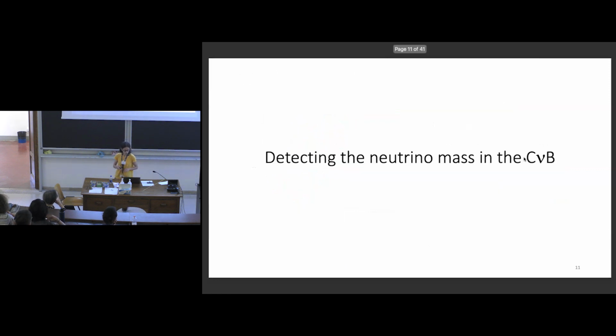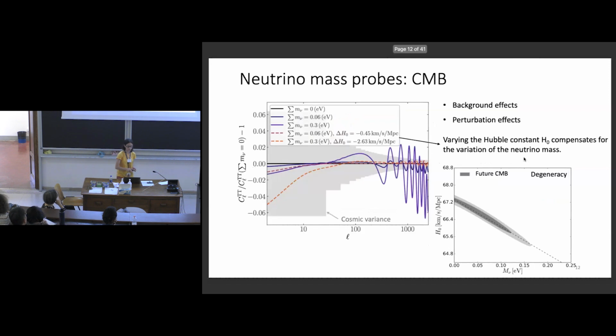So how can we detect the neutrino mass in the cosmic neutrino background? Well, first of all, we can use the CMB. What we have here is the ratio of the CMB temperature fluctuations in a massive neutrino cosmology compared to a massless neutrino cosmology, the reference.